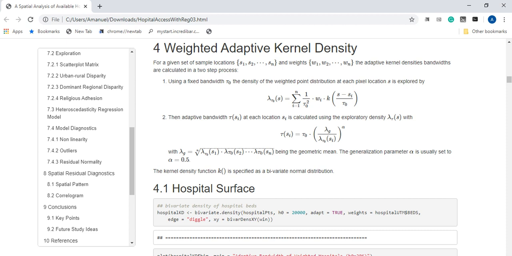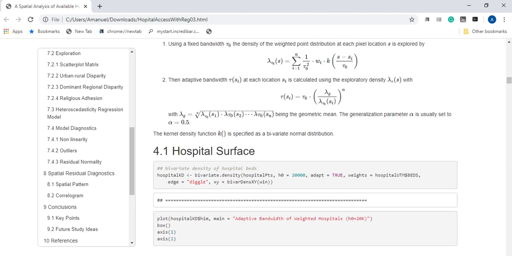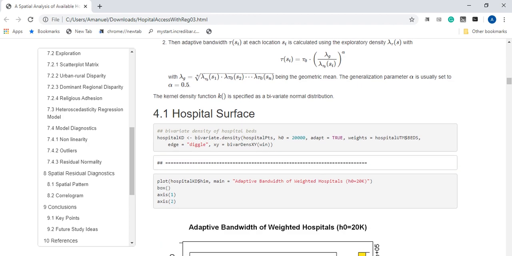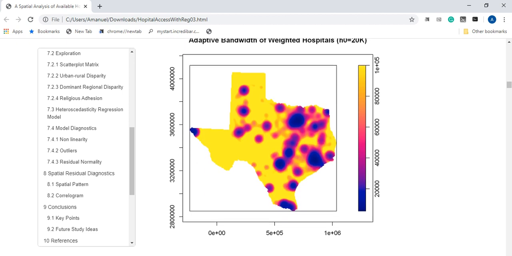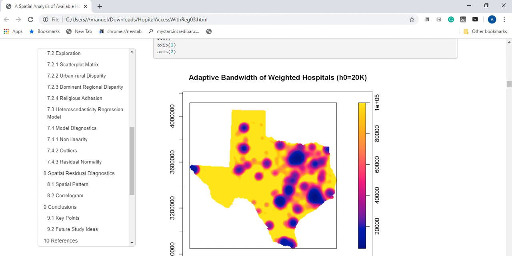Hospital surface. The hospital surface is calculated using a starting fixed bandwidth of 20 kilometers and with hospital beds. As we can see from this plot, the adaptive bandwidth clearly varies around the fixed starting bandwidth of 20 kilometers.